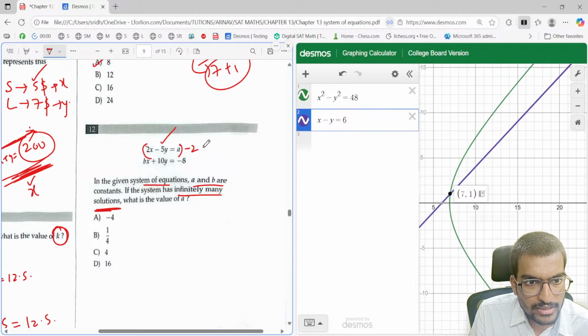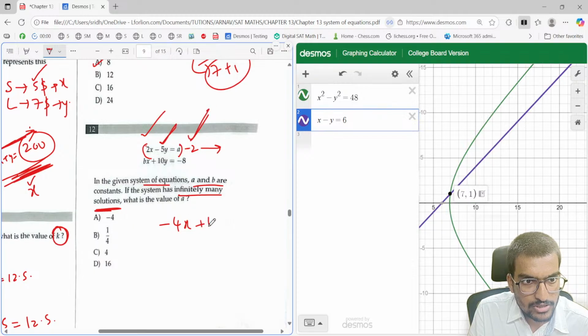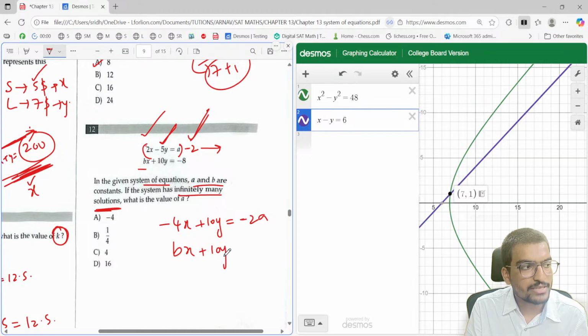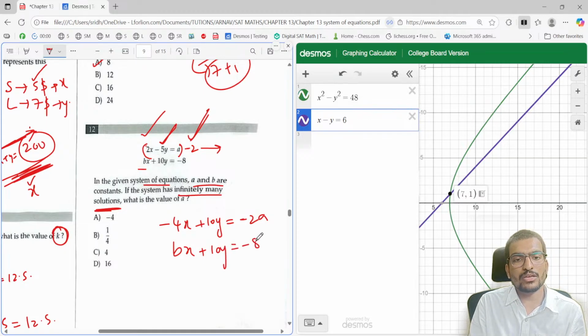So what do I get now? I'm going to get -2 into 2, -4x, -2 into -5y, positive 10y, that equals -2a. And the second equation I'll just keep as it is, bx plus 10y equals -8.